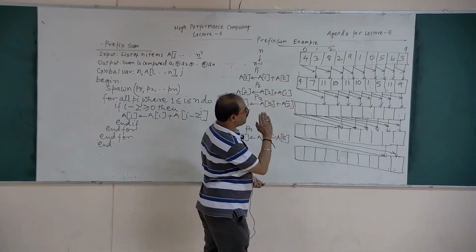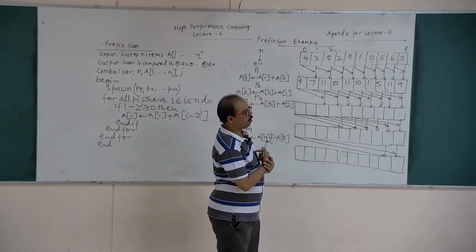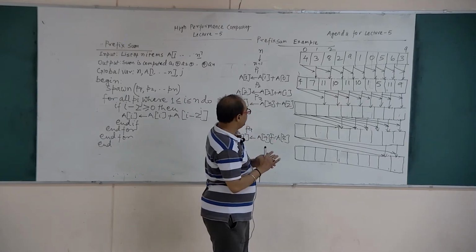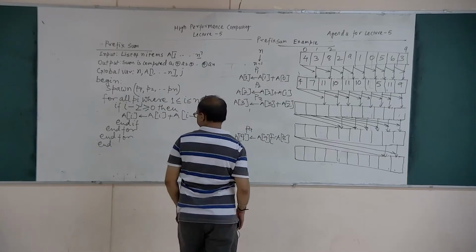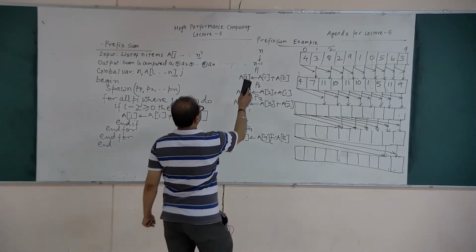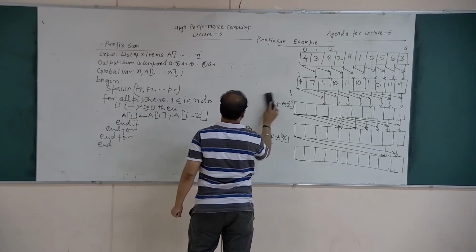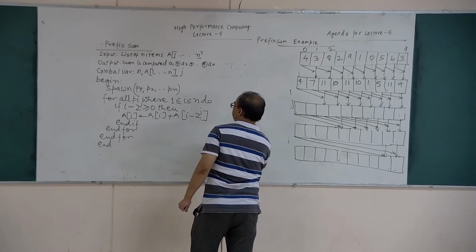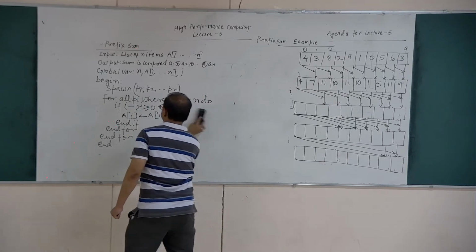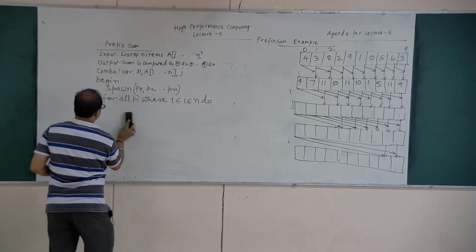So initially we have used n minus 1 addition steps, or n minus 1 processors. In the next step we use n minus 2 processors. So the maximum number of processors that we have used is n minus 1 processors.